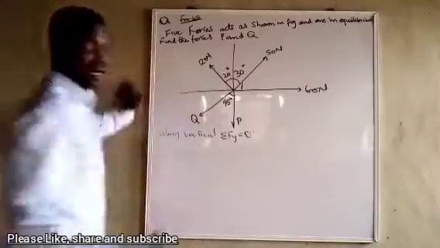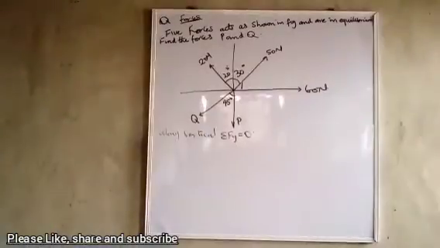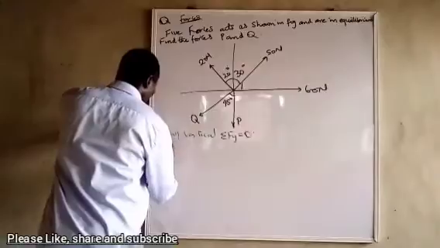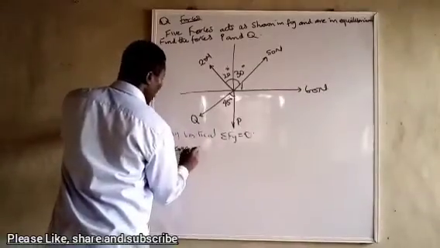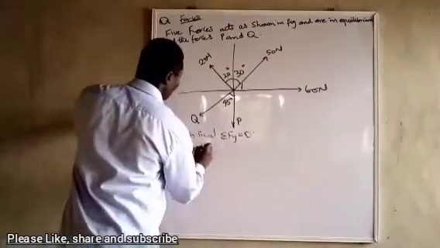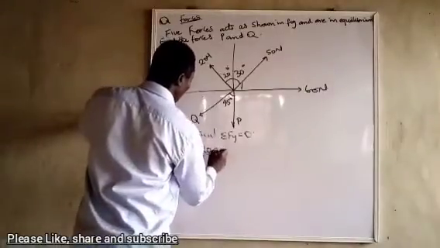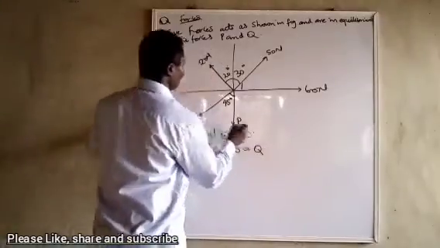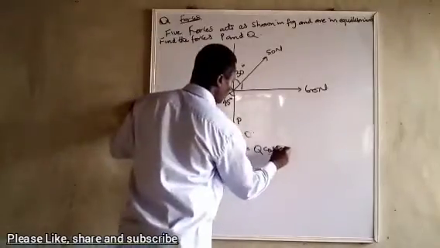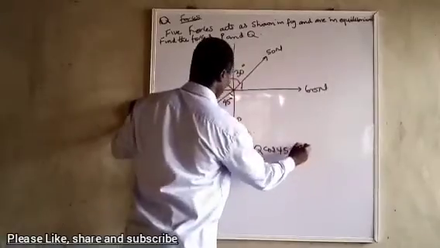So I'm going to have it like this. 50 cos 30 plus 20 cos 20 is equal to Q cos 45 plus P.